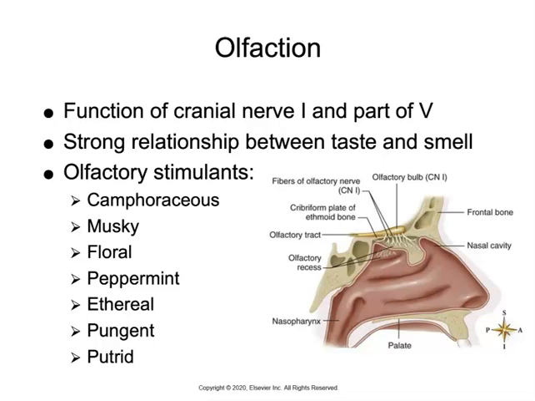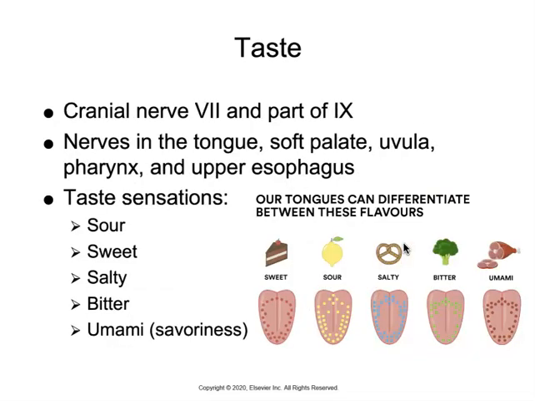This is going to be sensed through the function of cranial nerve number 1 and part of cranial nerve number 5. It has a strong relationship between taste, and our olfactory stimulants can be camphoraceous, musky, floral, peppermint, ethereal, pungent, or putrid. And let's move quickly into taste, where we're going to use cranial nerves 7 and 9.